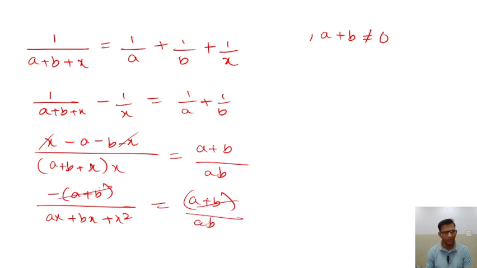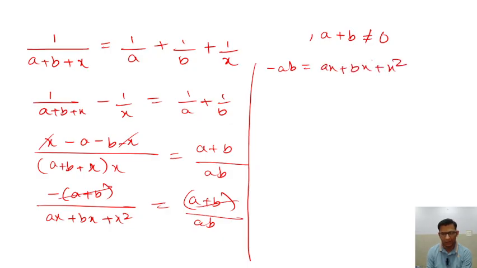So a plus b gets cancelled out and the equation becomes, cross multiply both the sides, minus ab equal to ax plus bx plus x square. So if I rewrite it as x square plus ax plus bx plus ab equal to 0.